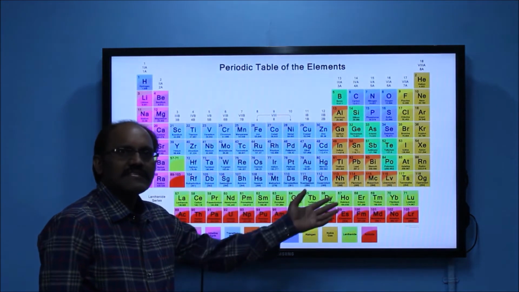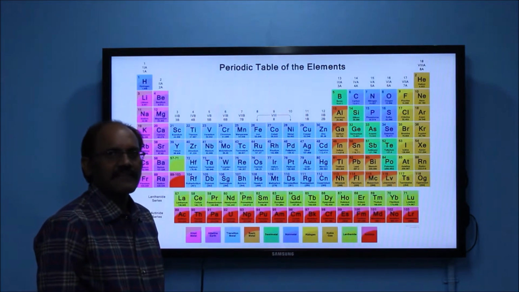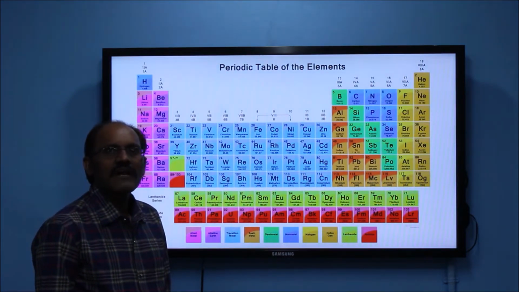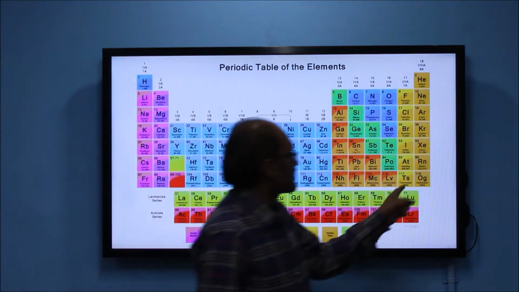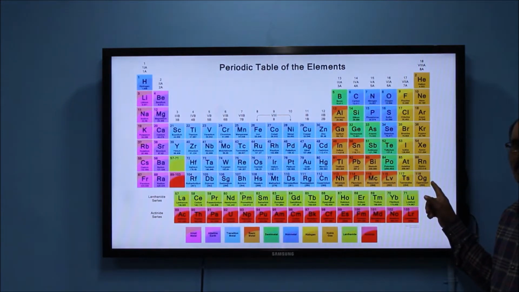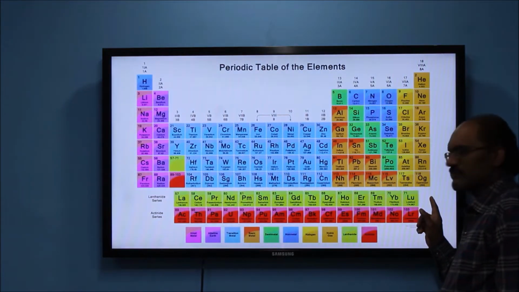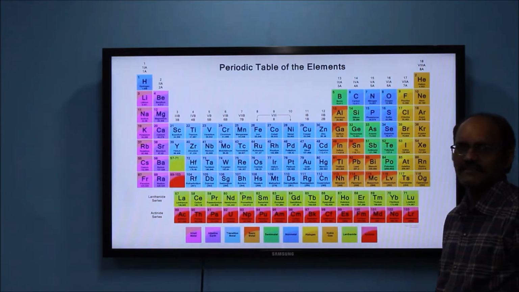Now this is the periodic table which contains all 118 elements. So this is the 118th element, oganesson.